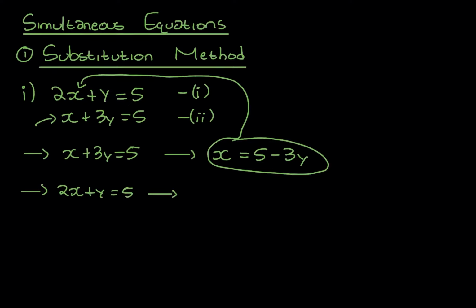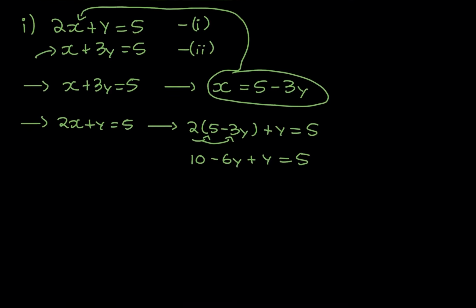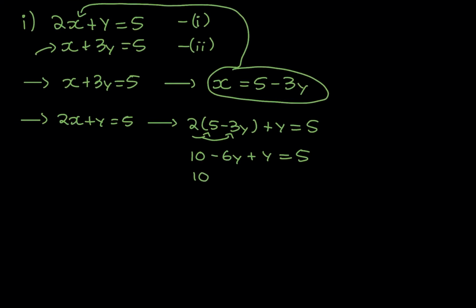Substituting x, I get 2 times (5 minus 3y) plus y is equal to 5. 2 times 5 and 2 times minus 3y gives 10 minus 6y plus y is equal to 5. Then I get 10 minus 5y is equal to 5, so 5y is equal to 5. Divide both sides by 5 and you get y is equal to 1.